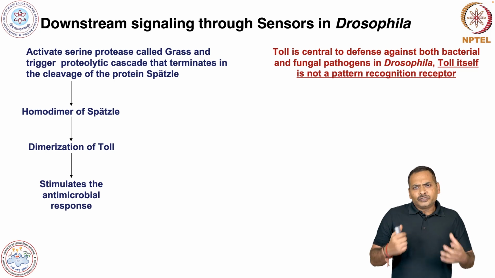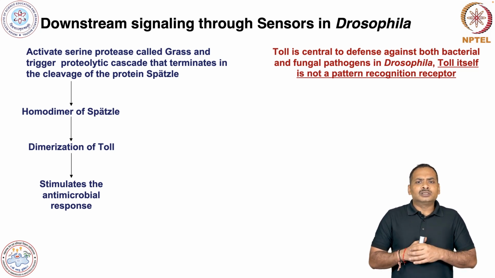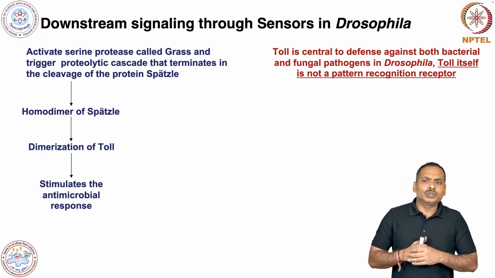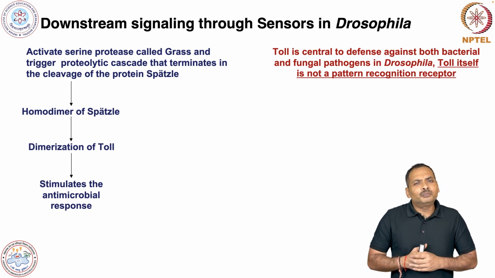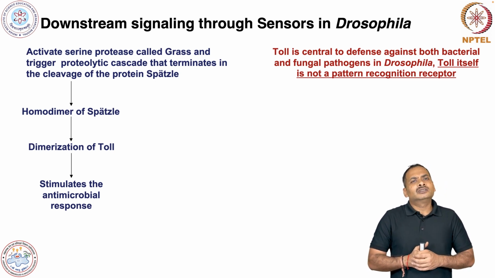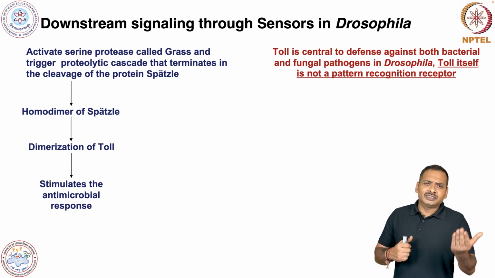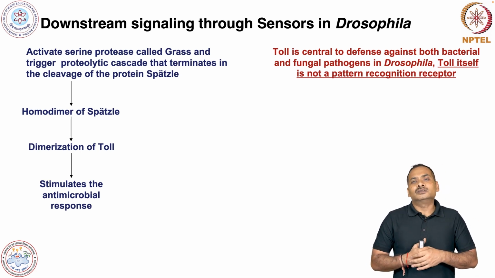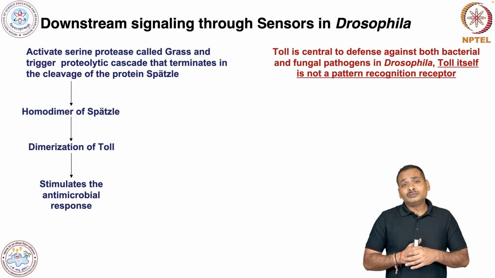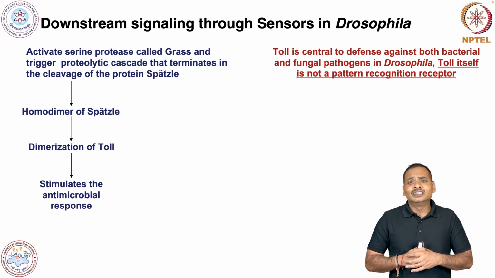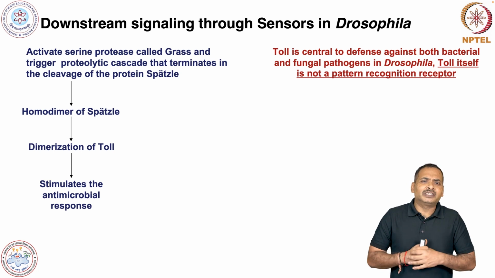So if you see very carefully, Toll is a molecule which is very important or pivotal in defense against these microbial pathogens. However, they are not direct sensors, they are not pattern recognition receptors.